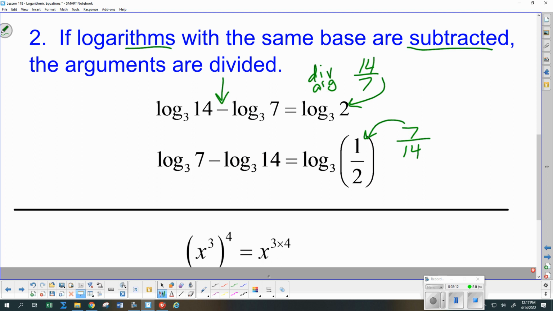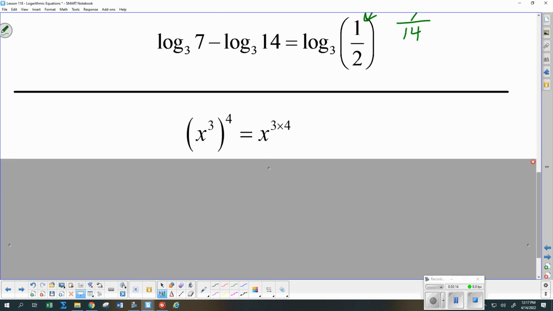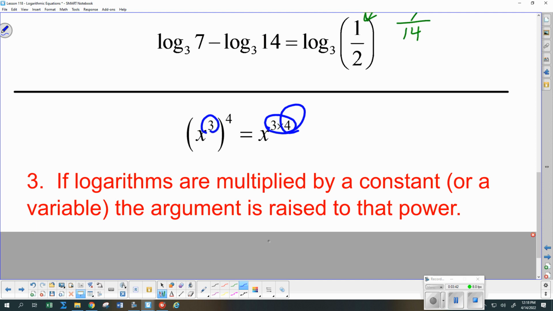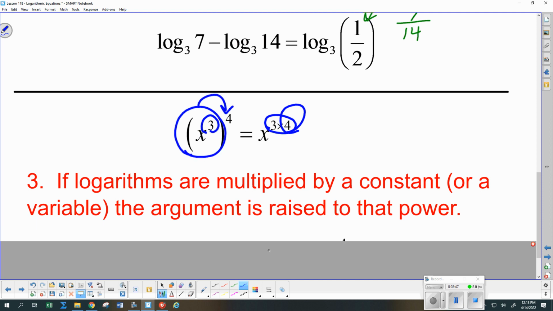And the last one, we know we can do power of a power. We know there are times when we multiply our exponents together. In that case, if we are taking one of the exponents and multiplying that by the constant of 4, that means that this original argument was raised to that power.